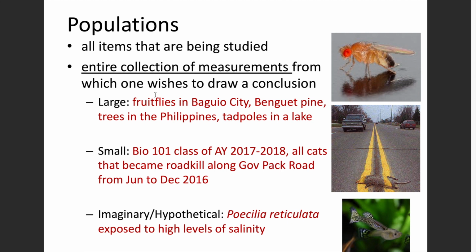Or for the case in the PowerPoint, this fish species, Poecilia reticulata, is actually a freshwater species, no? So you won't find it in high levels of salinity. So that's an imaginary or hypothetical population. And most likely, we will create a lot of that because of the online mode of learning.